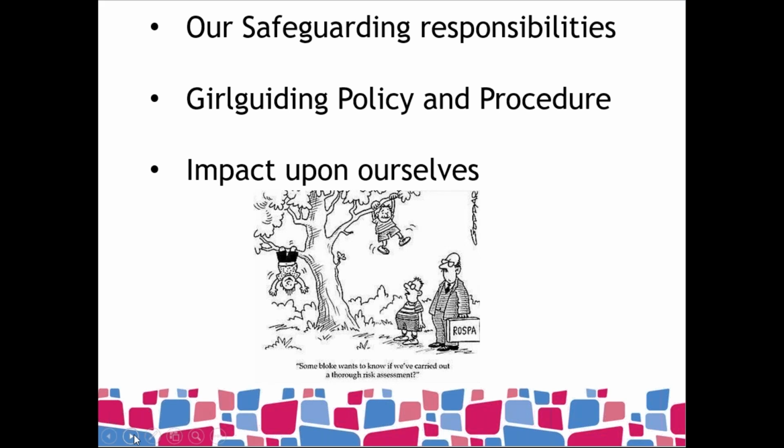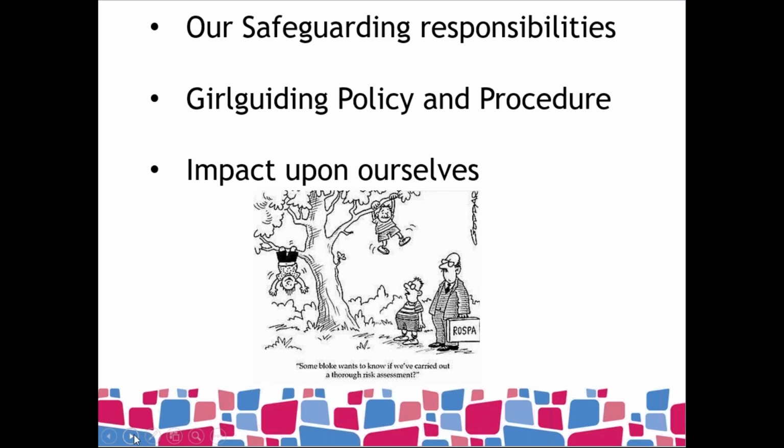For those of you who've done their safe space training, you'll be aware of this because it's a big part of the safe space training. It's also part of the policy and procedure of Girlguiding that we complete risk assessments for residential events and activities, and it's also part of the code of conduct, which we all adhere to, obviously.